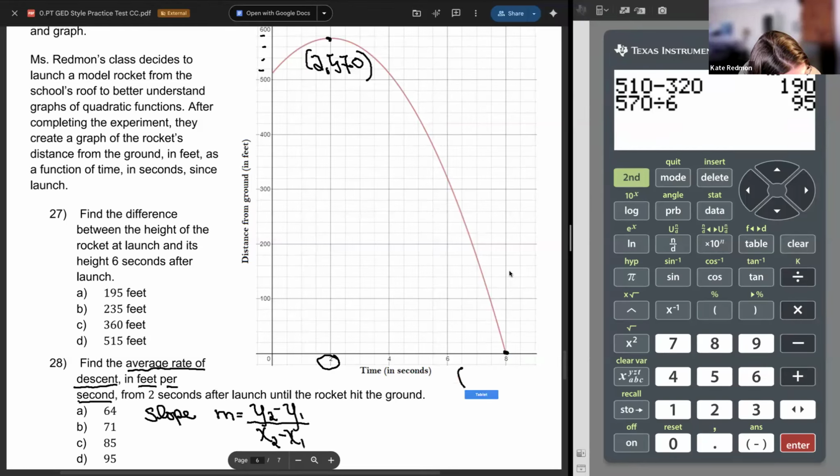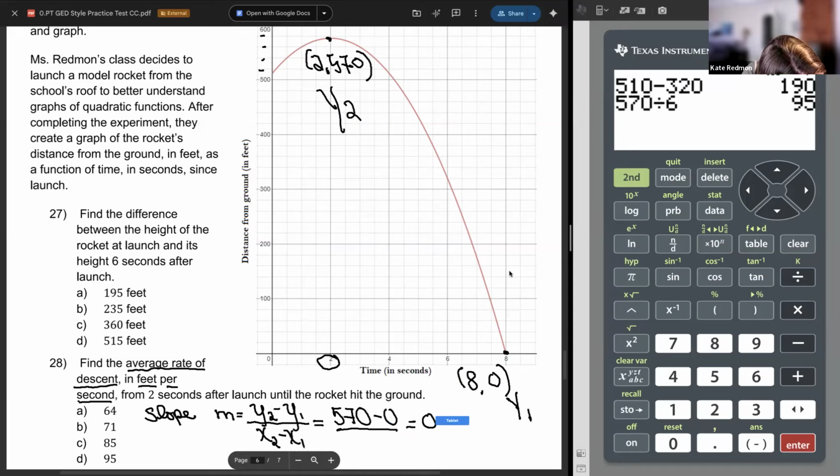So that's 8 seconds after launch, and I'm at 0 feet at that point. Okay, now I can plug into that. So y2 minus y1, I think I'll call this one y2 and this one y1. It makes it easier. So I can do 570 minus 0 on the top, and then the bottom will be the seconds. So 8 minus 2.